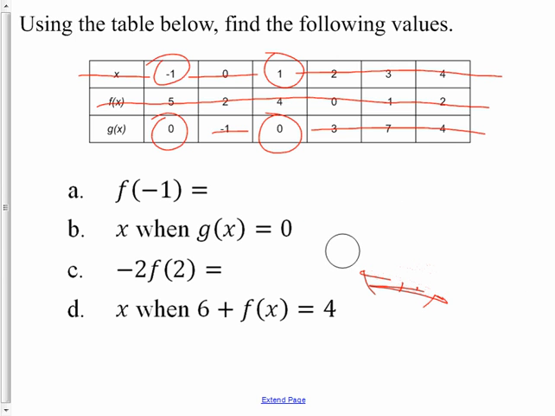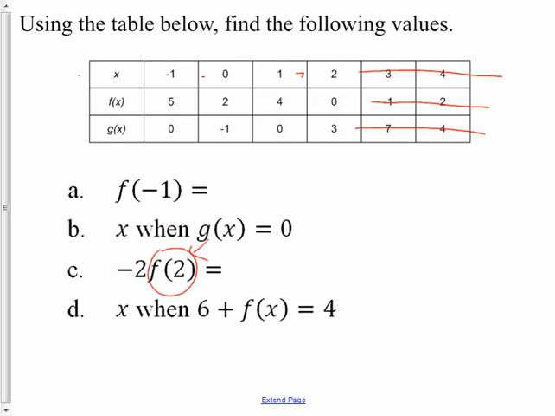-2 f of 2. Always figure out what the function is doing. Okay, so we've got to figure out f of 2. The f part of the function is the important part, so we're going to do the f part first. So, f of 2. Act like it's just a question of what's f of 2.